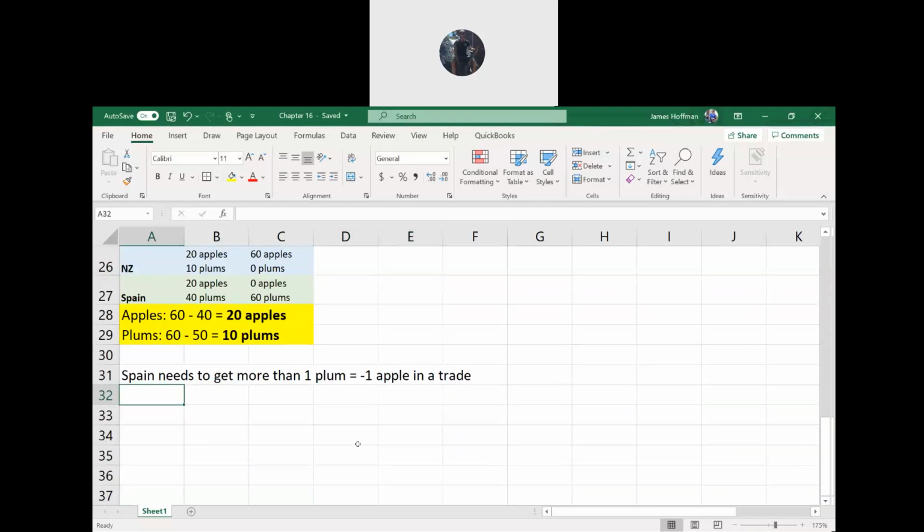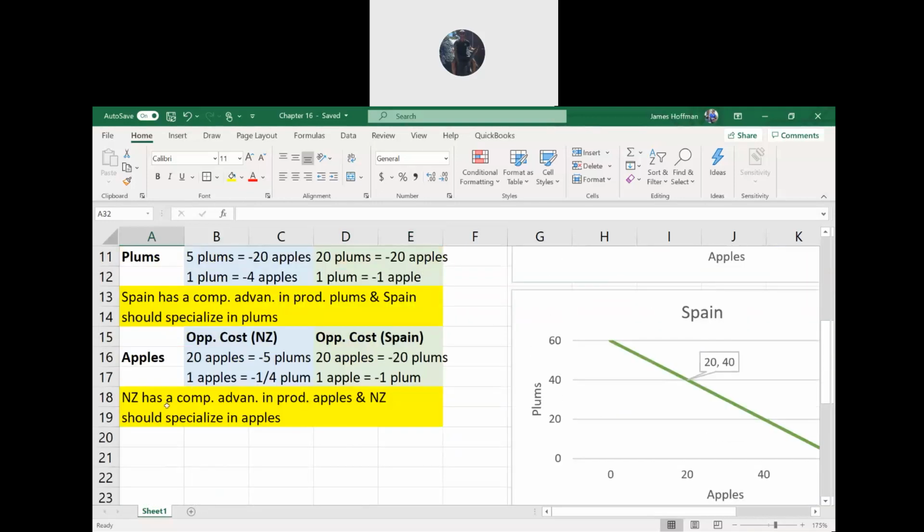So we determined that New Zealand's going to produce apples, and they're going to trade for plums. The initial trade-off or opportunity cost for apples for New Zealand was one apple equals minus one fourth of a plum.